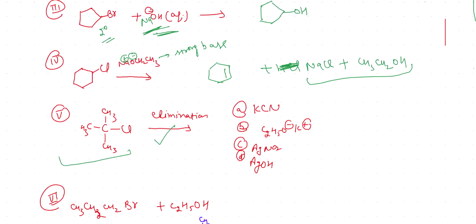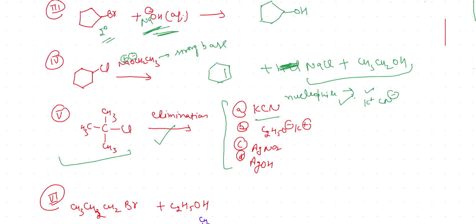For elimination reaction, which is the more suitable nucleophile? The nucleophile which is strongly basic in nature will act in this elimination reaction. Just check: this is KCN, K positive, CN negative, which is ionic in nature.